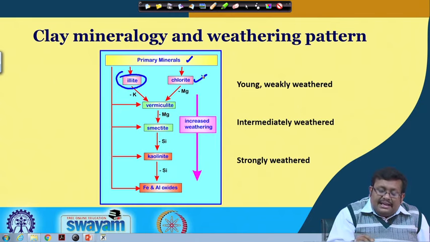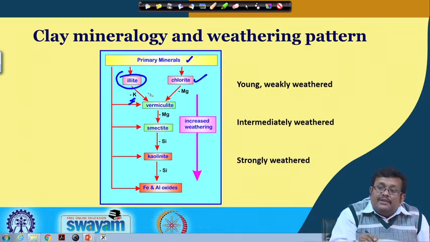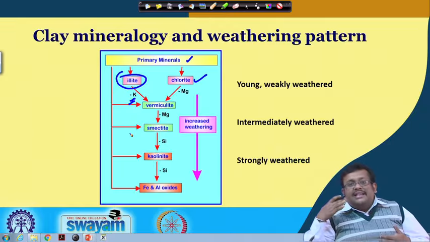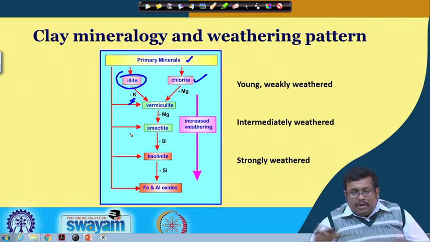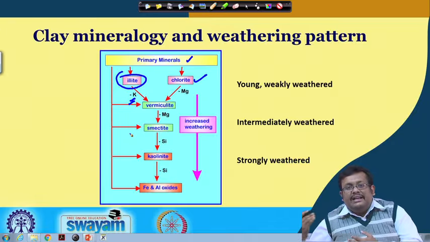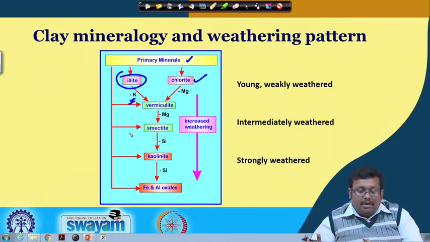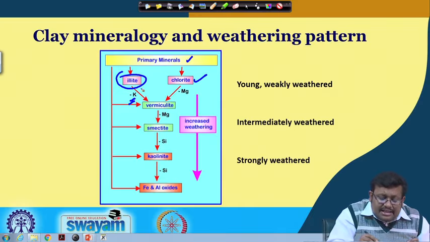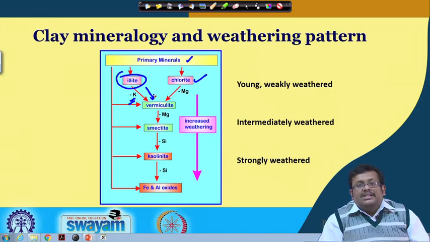In the next step, the interlayer potassium of illite will be replaced, because as the weathering goes on, all the interlayer ions will be replaced by other ions present in the soil environment. Illite will be converted to vermiculite, because the only difference between illite and vermiculite is the interlayer potassium.